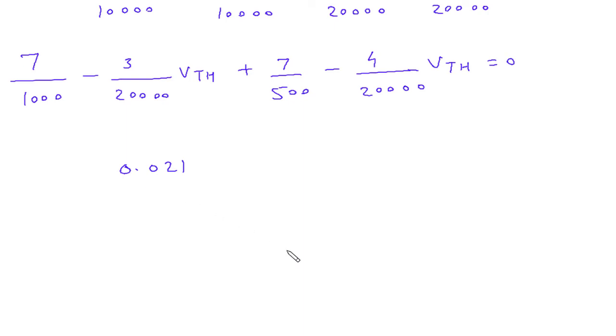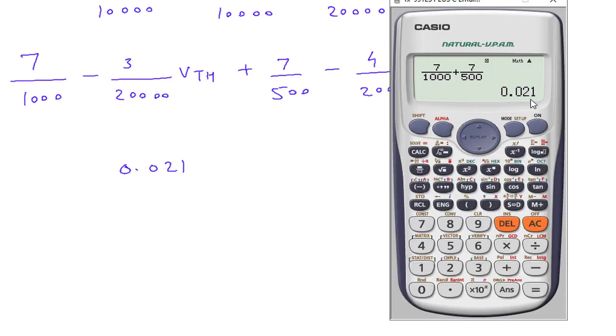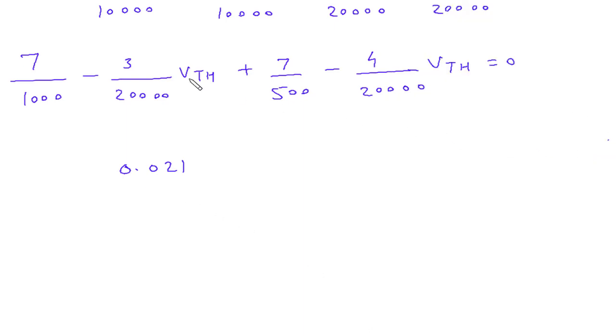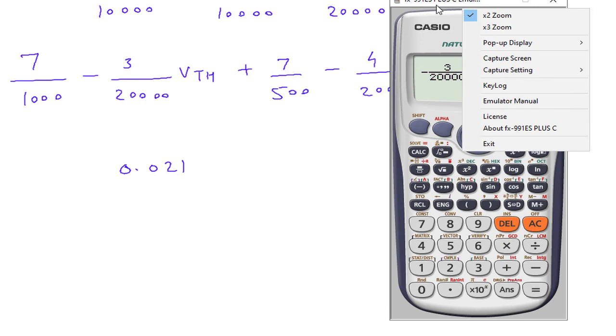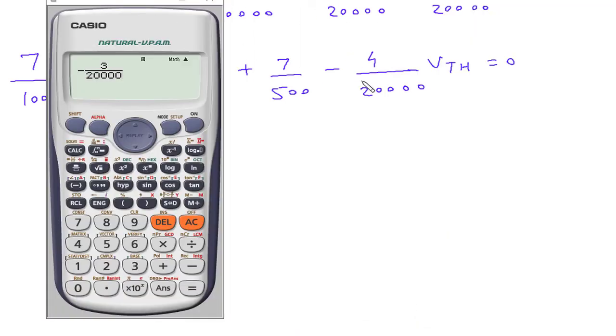Then minus 3 by 20,000 and minus 4 by 20,000.